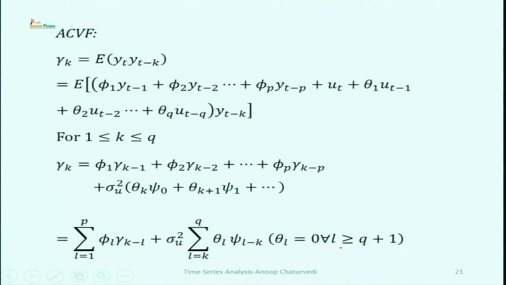So, this is how you can write gamma k in terms of phi's, thetas and psi's, and the autocovariance is gamma k minus L.